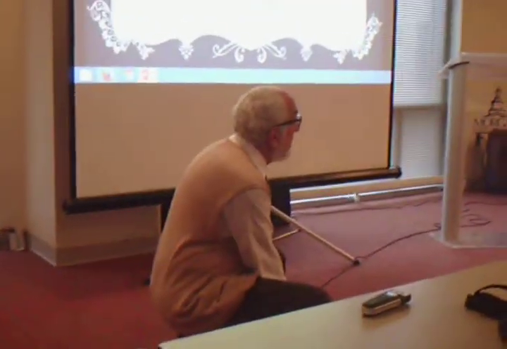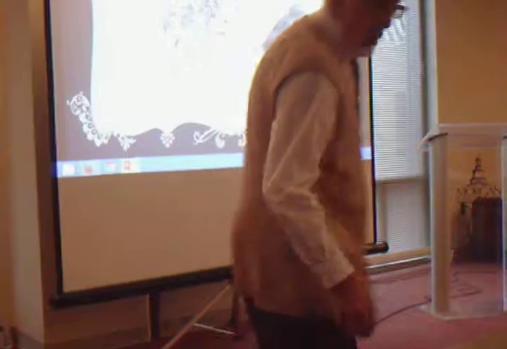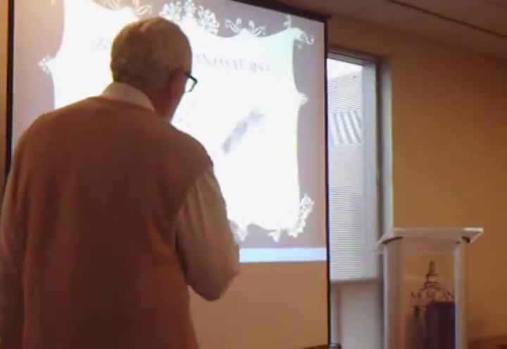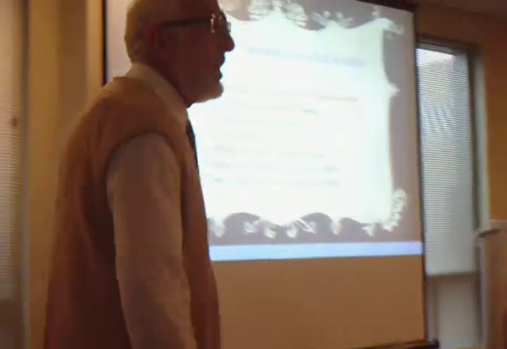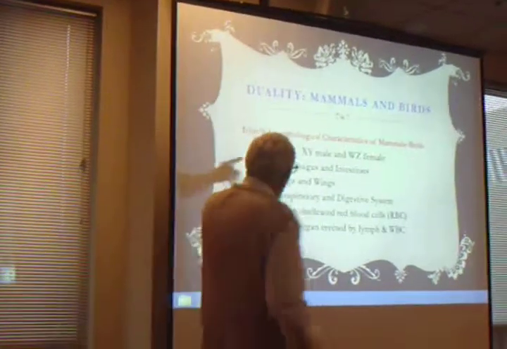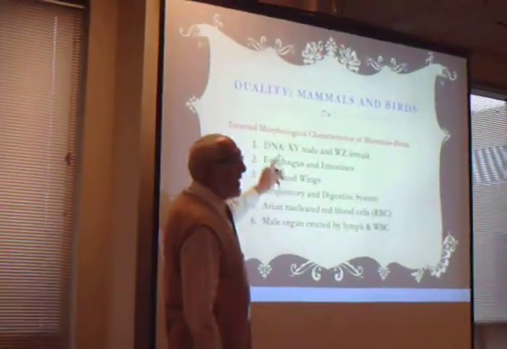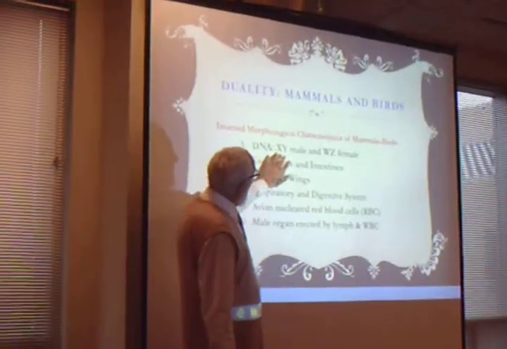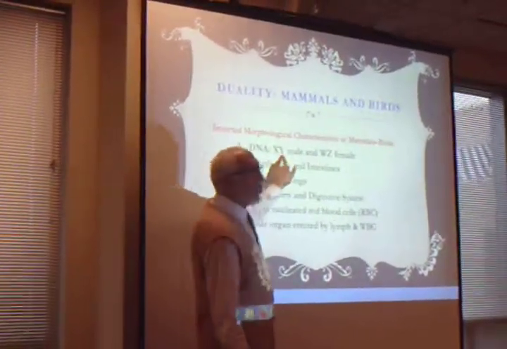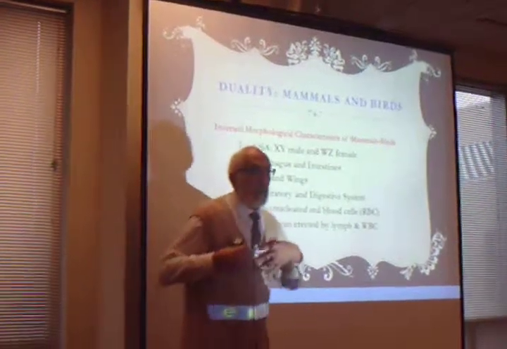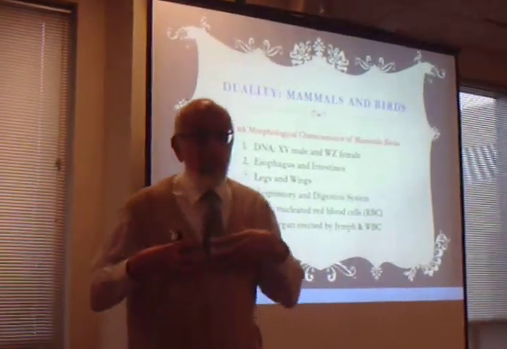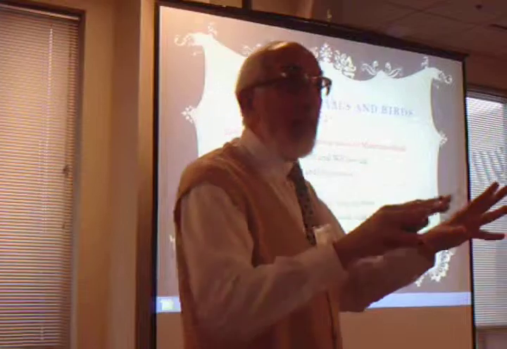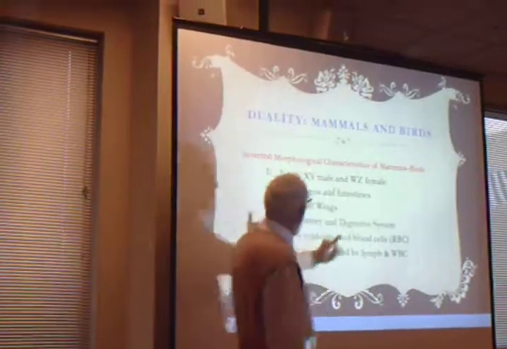So what I did is I started looking at the inversion. Did you know that only in birds, well, some fish, the female carries the XY? As males, we carry XY chromosome, right? But not all biological species. In birds, the female carries the XY, but they do not call it XY, they call it WZ.